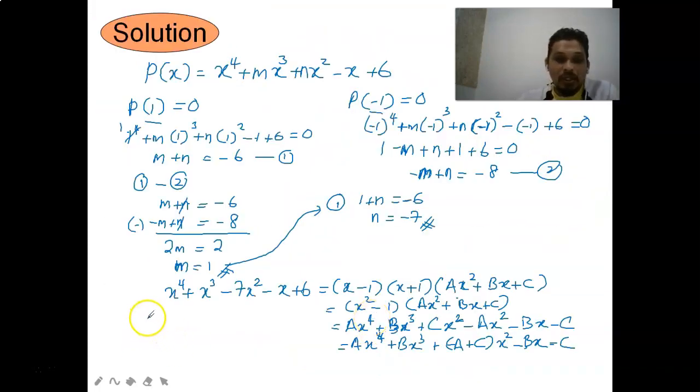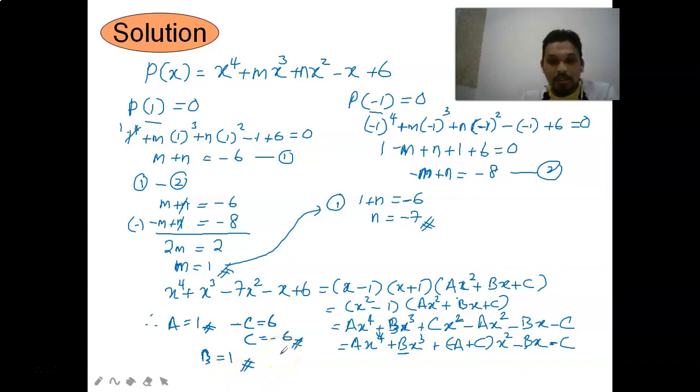So we may conclude that ax to the power of 4 matches x to the power of 4, so a equals 1. Negative c equals 6, so then c equals negative 6. What else? b. For the b cubed term, we have 1x cubed here, so then b equals 1.